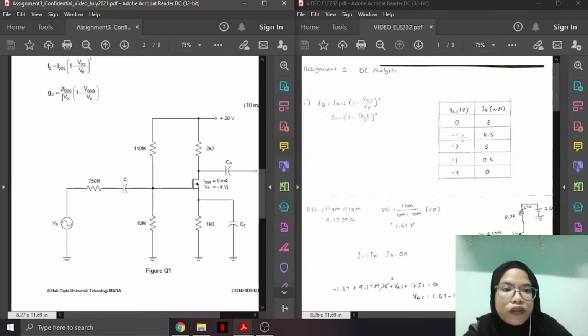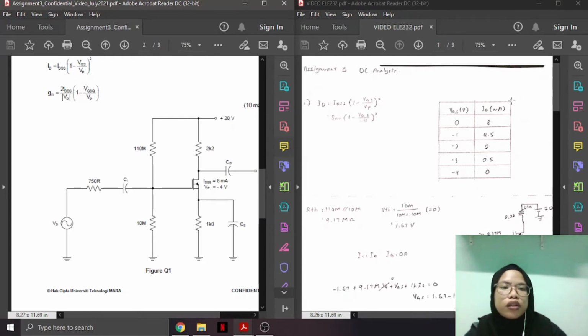When VGS is negative 1, the ID is 4.5 milliampere. When VGS is negative 2, the value for ID is 2 milliampere. When VGS is negative 3, the ID is 0.5 milliampere. And lastly, when VGS is negative 4, the ID is 0 milliampere.